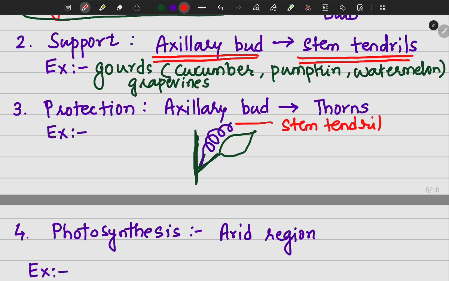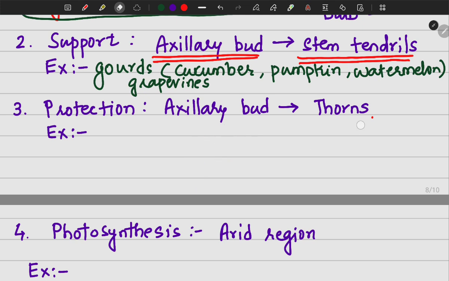It helps the plant to attach to some surface and climb and grow. So it basically helps for the support of the plant. I hope this is clear. Then let us move on to the next modification, which is for protection.